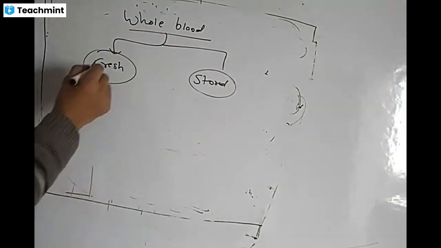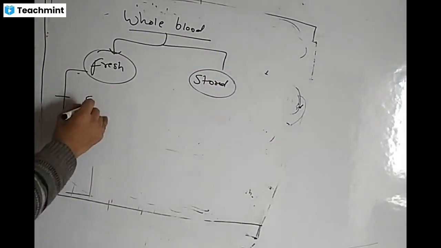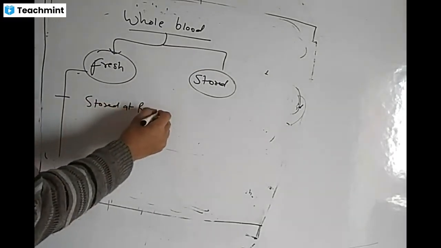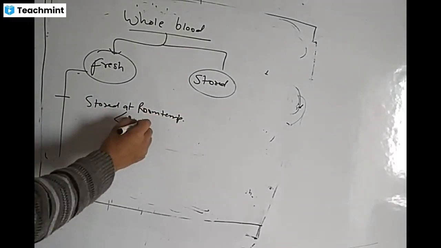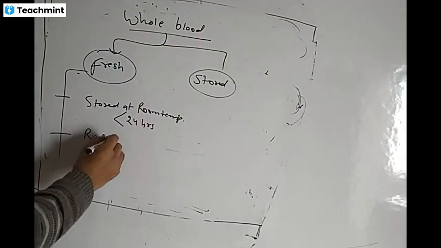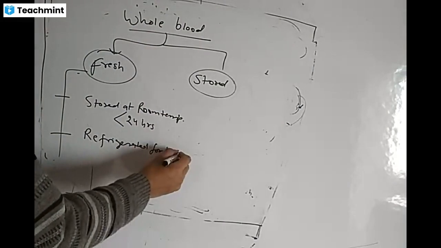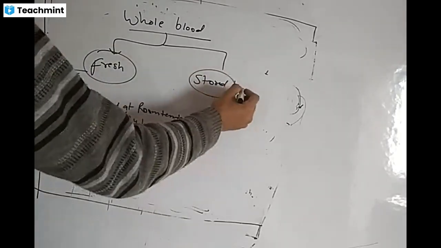It is called fresh whole blood if it is stored at room temperature for less than 24 hours. Second condition, if it is refrigerated for 48 hours, this is also called fresh whole blood. Second is your stored whole blood.